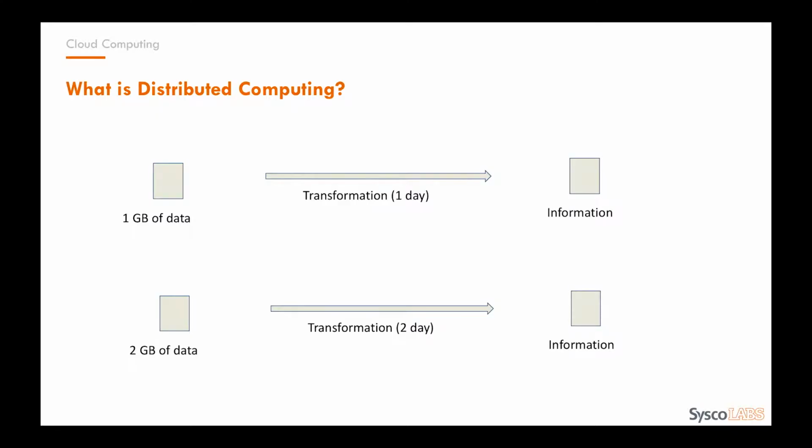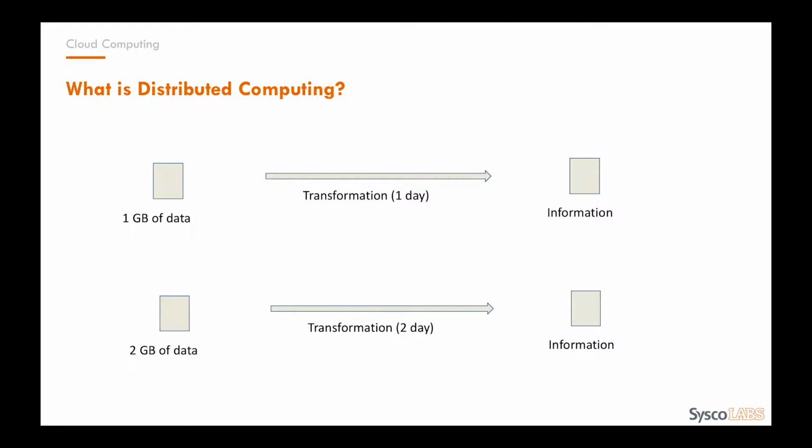So what's distributed computing? If you check this example, it shows that to transform 1 gigabyte of data to information, it takes 1 day. And when the data grows bigger and becomes 2 gigabytes of data, it takes us 2 days to transform the data into information.